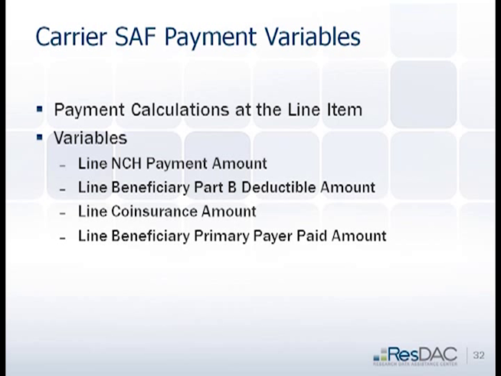So you would see differences in coinsurance amount, and a lot of people are looking at that coinsurance amount and how it's affecting the use of mental health services. So again, coinsurance is something that you can study to see how that affects service usage. So as far as at the line level, again, you can look at the payment amount, the deductible, the coinsurance amount, and the beneficiary prior payment.